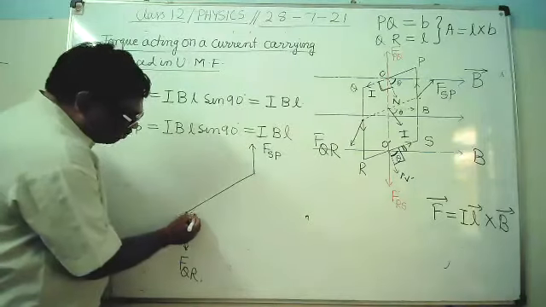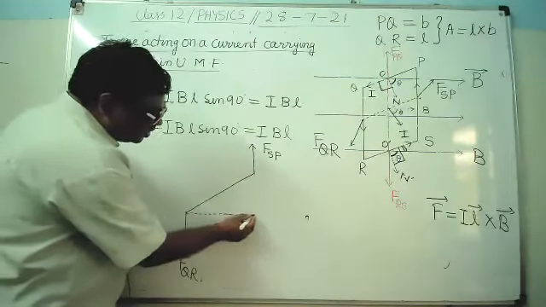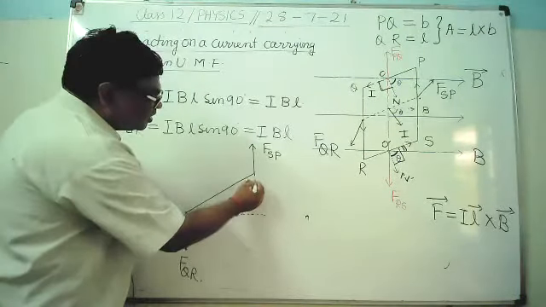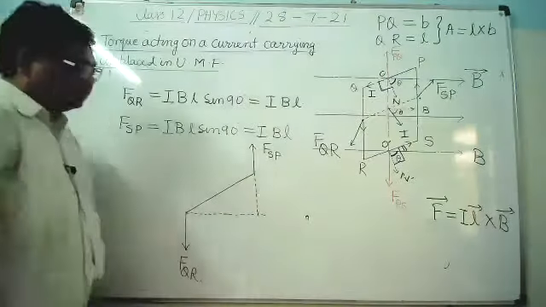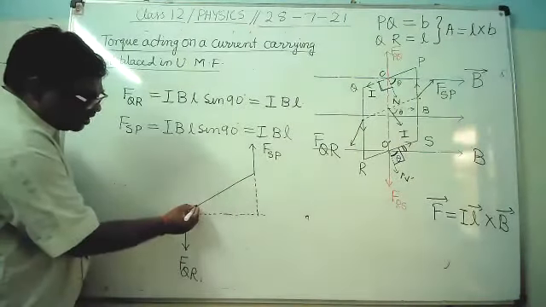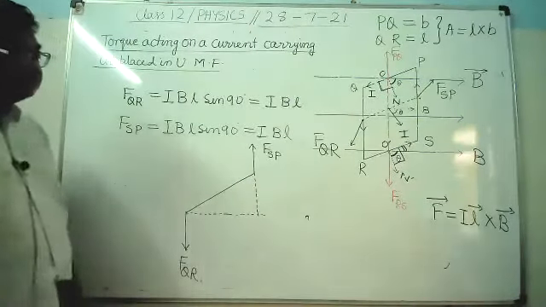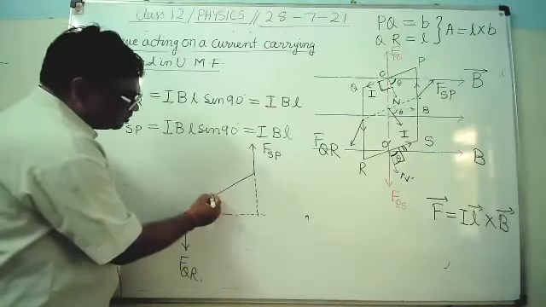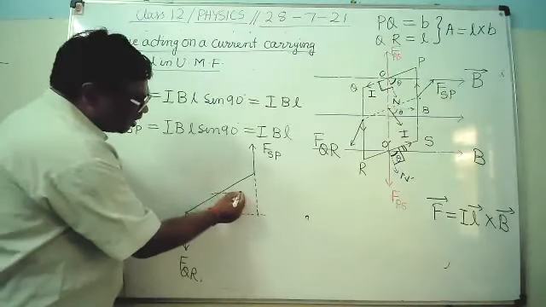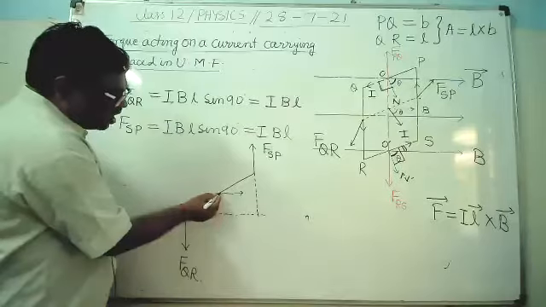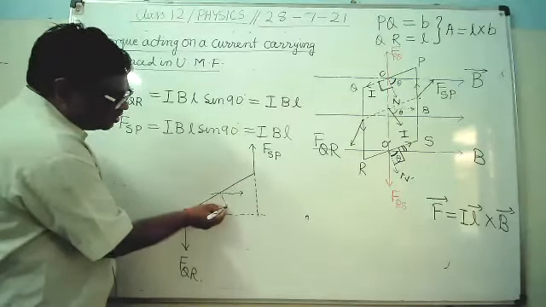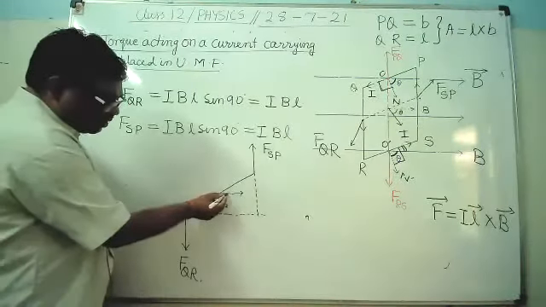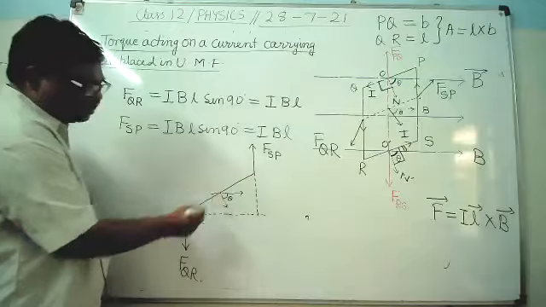This is the direction of magnetic field, and the normal makes angle theta with it.